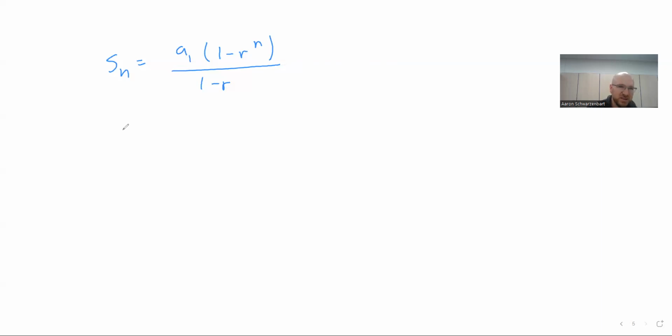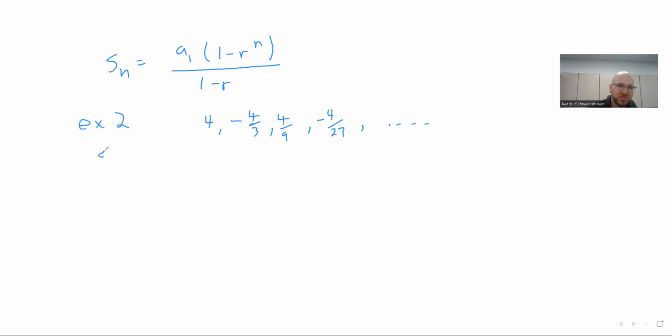So here is my sequence in example 2. So I wanted the sum. First thing I need to do is probably write the formula.